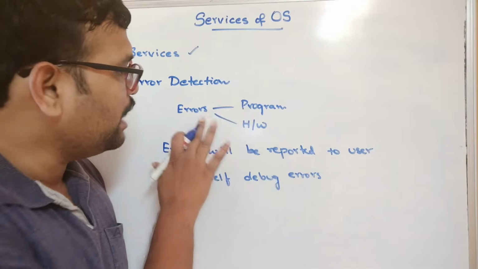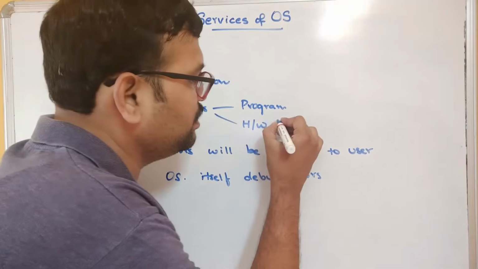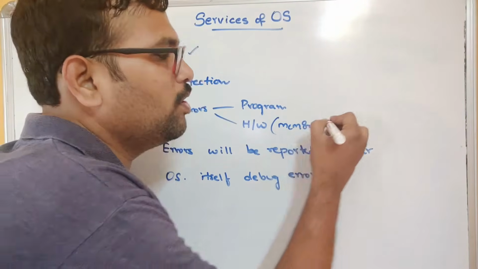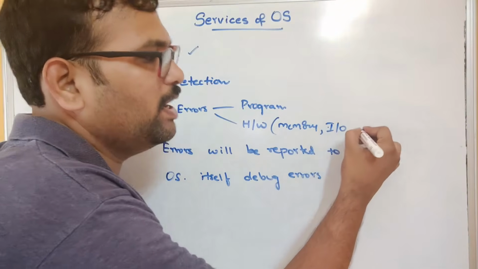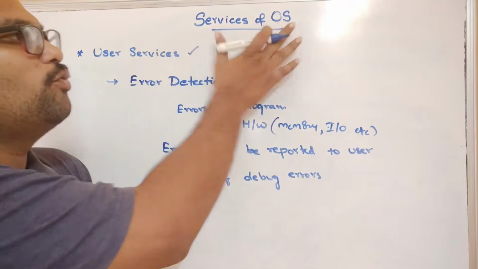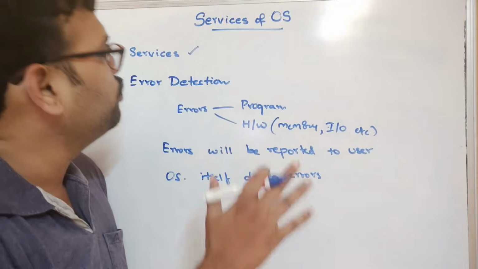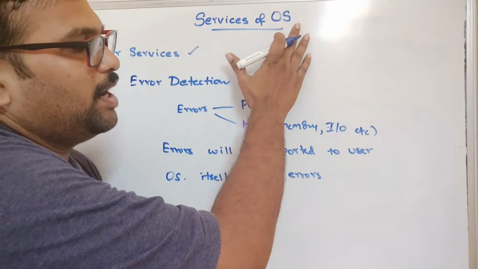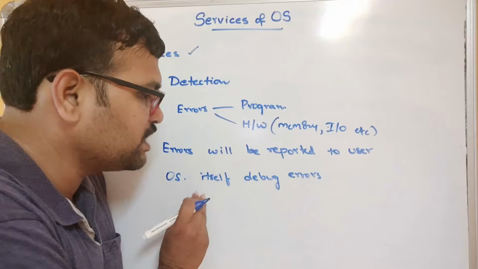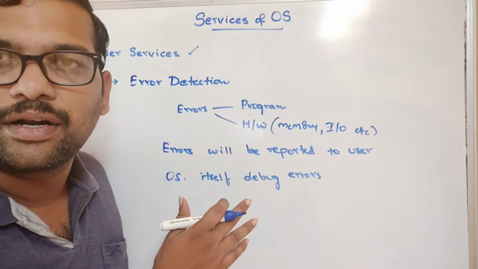The errors can occur from either the program or any hardware, such as from the memory point of view or the IO point of view. Whatever it may be, everything should be known by the operating system. All the errors that may occur must be known by the operating system, and those errors should be reported, or some errors can be debugged by itself. The operating system will take care of that.